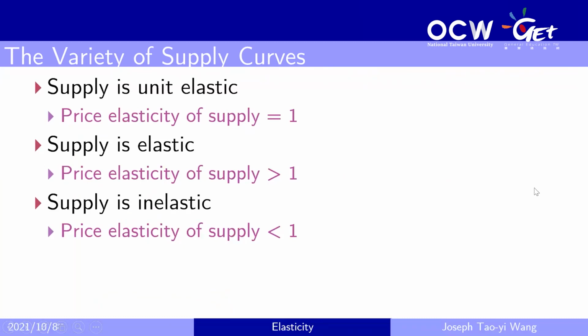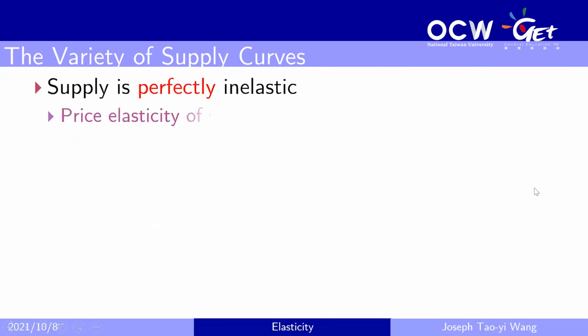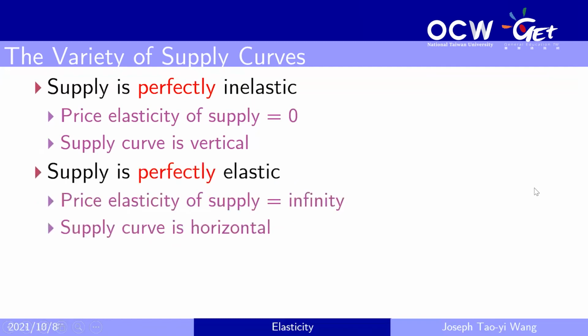And just like you have perfectly inelastic or perfectly elastic demand, you could have perfectly inelastic supply and perfectly elastic supply as well. With perfectly inelastic supply, price elasticity is 0, and so you have a vertical supply curve. The price has no effect on quantity supplied.